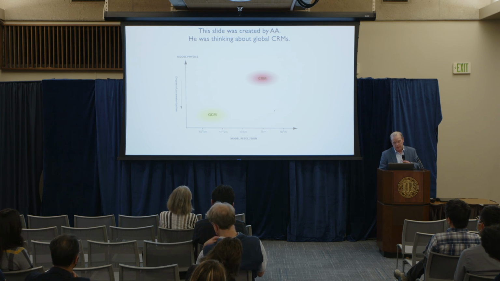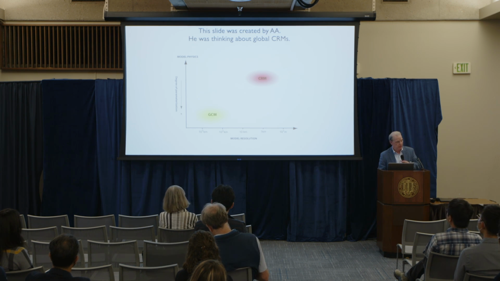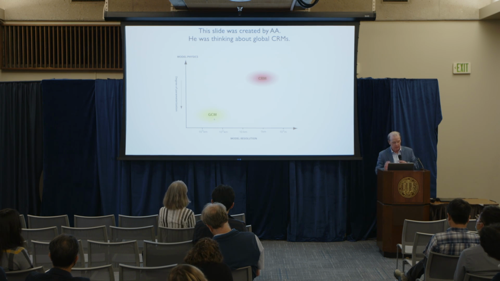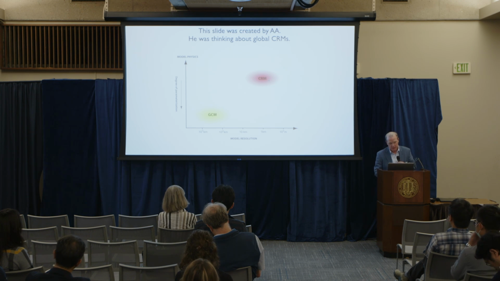And so what Akio was thinking about was how to get from here to here. So the vertical axis is the degree of parameterization increasing downward. So in the GCM with coarse grid spacing, the convection is highly parameterized. And in the CRM, it's much less parameterized. You still have turbulence parameterizations and so on, but it's much more nearly explicit.